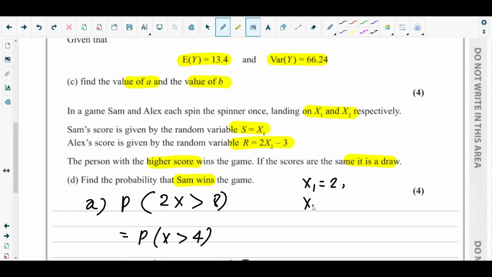If x2 is also 2, then what would be the score for Alex? That is, R would be how much?